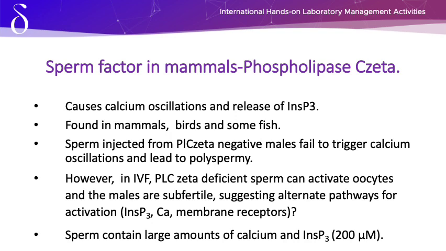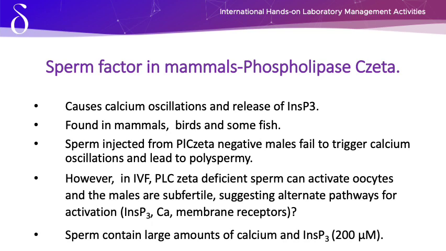And if the sperm in a mammal model are negative for PLC zeta, they fail actually to trigger the calcium oscillations, and you get polyspermy. The negative thing is that we found out in IVF, human IVF, that if there are PLC zeta deficient sperm, they can still activate oocytes, and the males are subfertile.